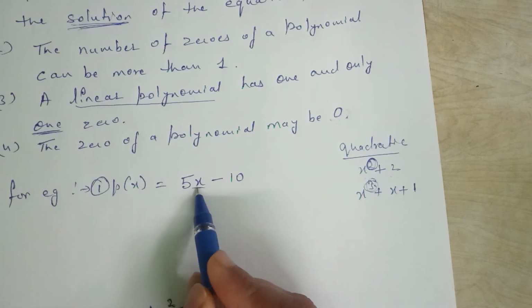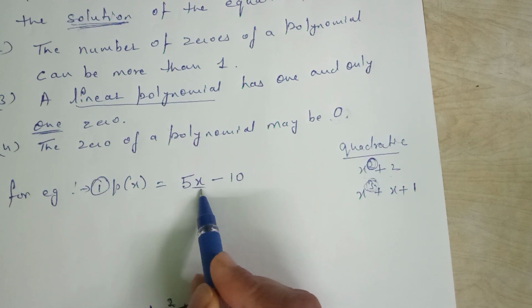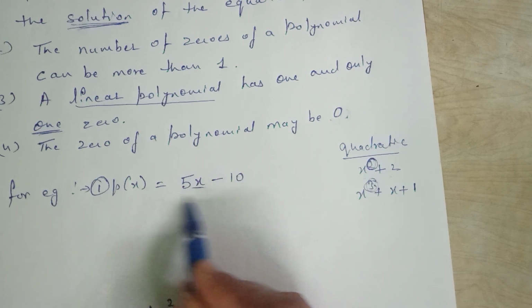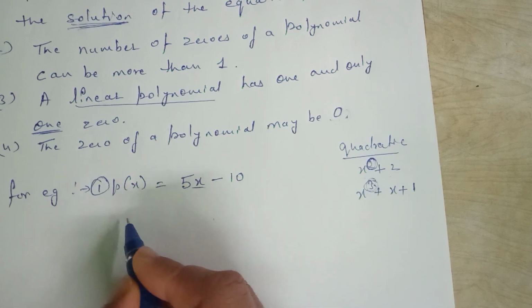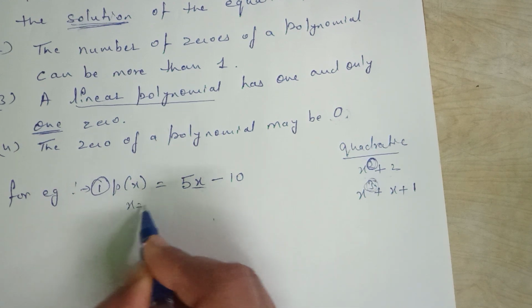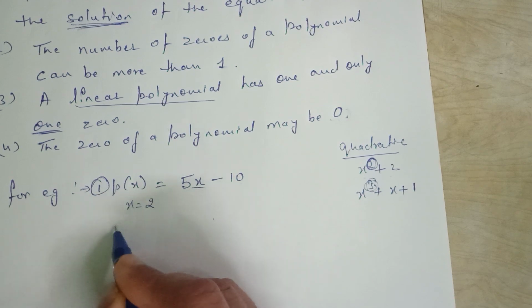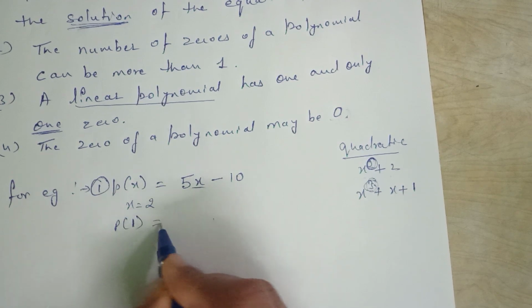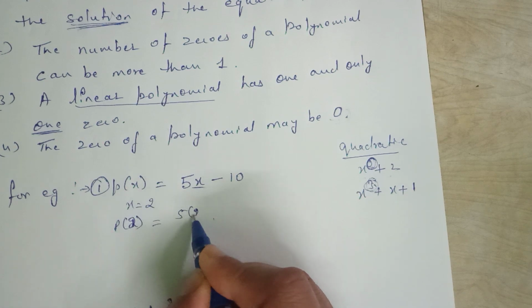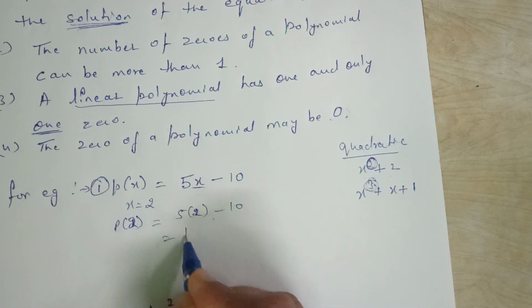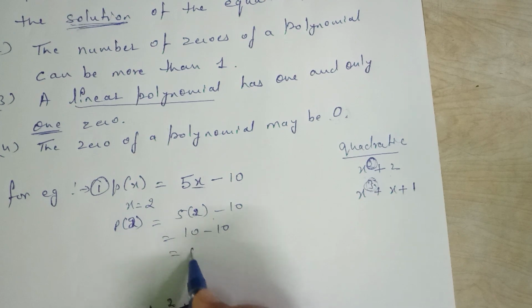Now we have to select by trial and error. We have to find such a value of x on putting which, after calculation, we get the total value of this polynomial as 0. So if I take x equal to 2, then in place of x we write 2: p(2) = 5 into 2 minus 10. 5 twos are 10, 10 minus 10 will give 0.